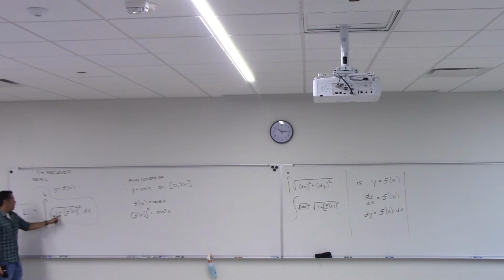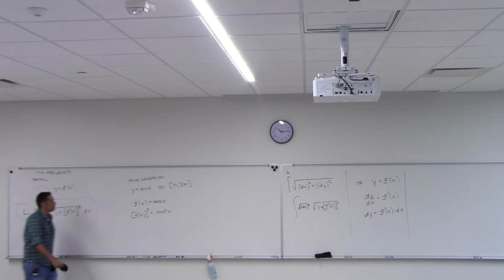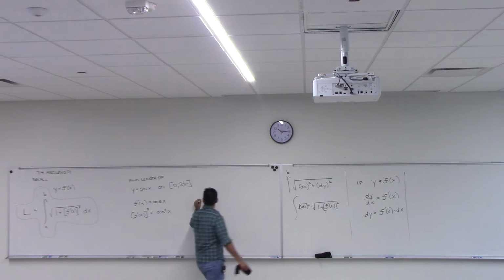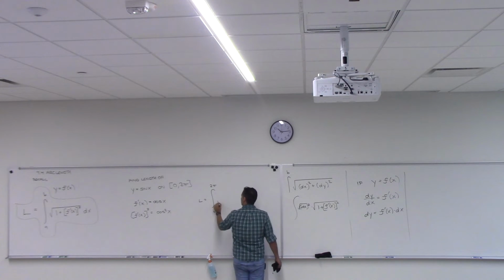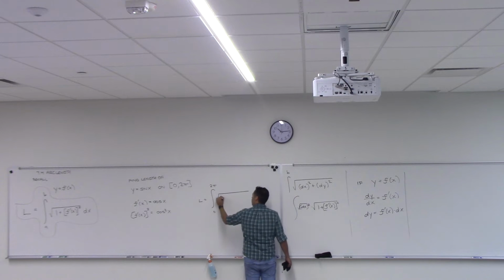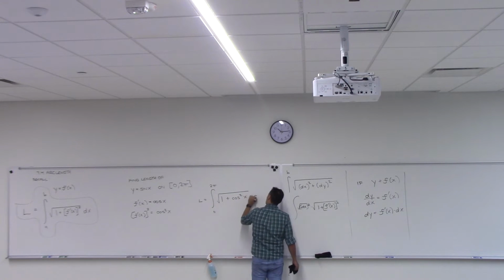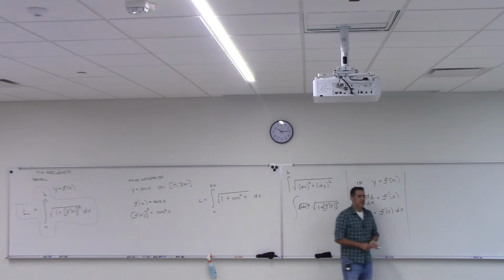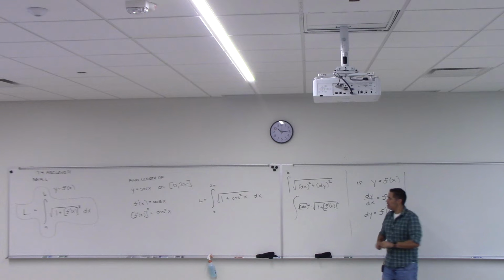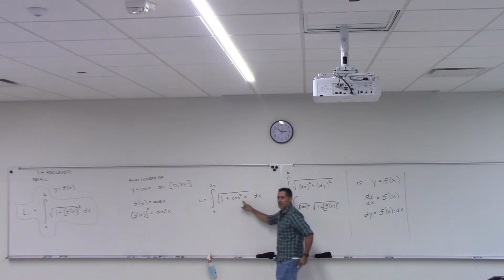And then I need to do plus 1 and stick it under the root. I think I'm ready to put the integral together here. The length will be the integral from 0 to 2 pi, because that's what I was given, of the square root of 1 plus cosine squared x dx. That's it. That's the length of that curve, if I can figure out what this is.